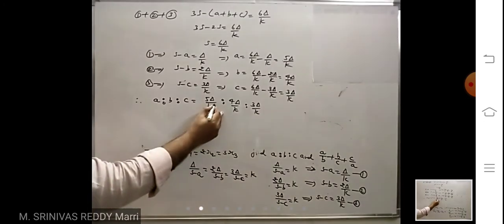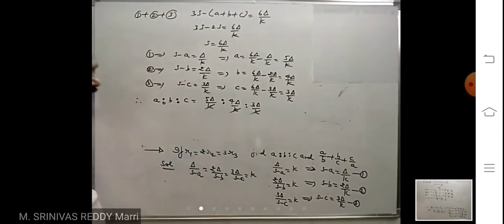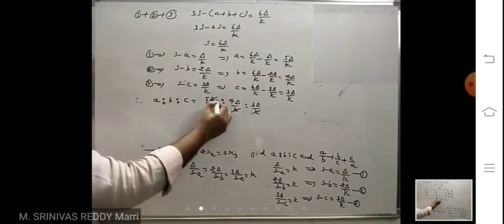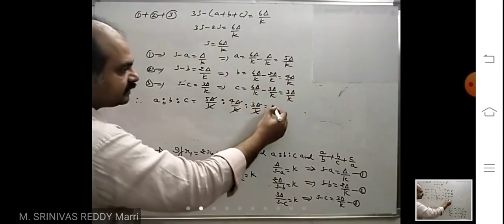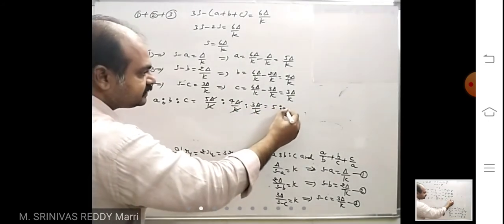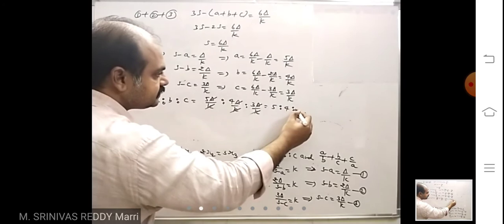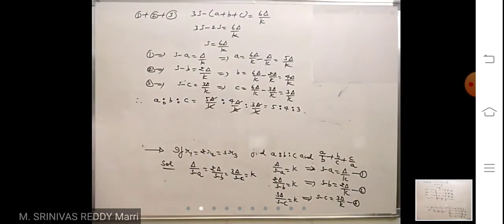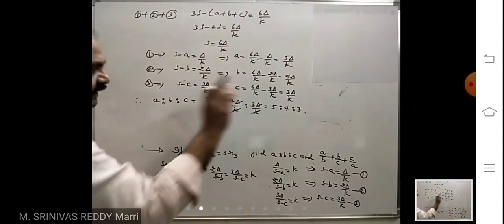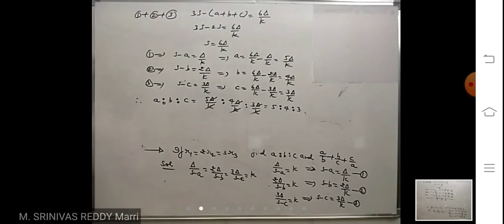In the ratio you can strike off the common terms. The k will get cancelled, so delta will get cancelled. So what is the answer? 5 is to 4 is to 3. Therefore, A is to B is to C is 5 is to 4 is to 3.